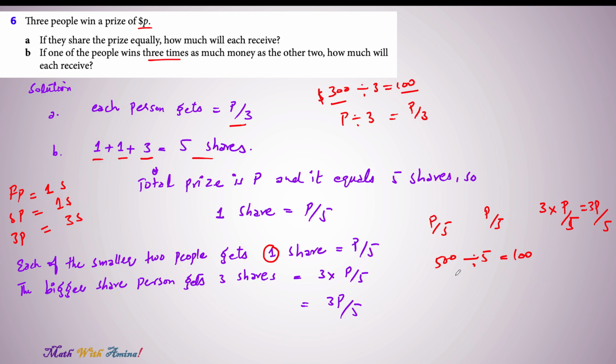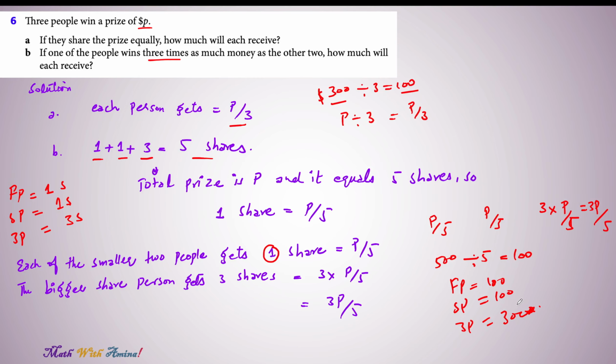When it is divided by 5, the first person gets $100, the second person gets $100, and the third person gets $300. Sorry, it's 300. Yes. 300 is 3 times 100, right?